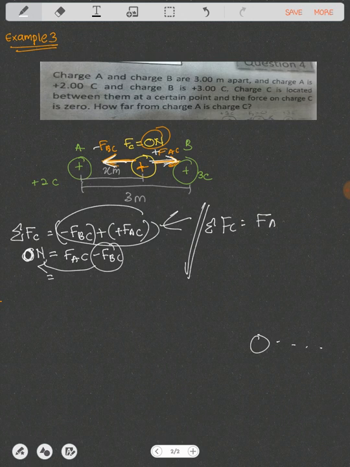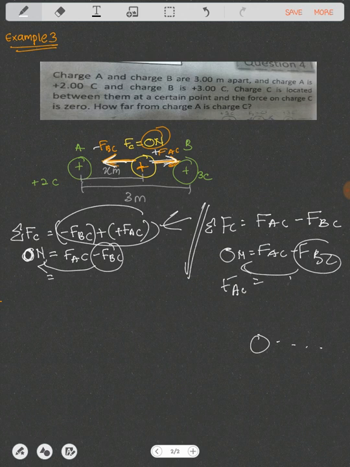Just terbalik je lah, FAC campur dengan negatif FBC. Ni adalah 0 Newton, FAC tolak FBC. End up bila ni pindah ke sini, dia akan jadi FAC bersama dengan FBC. Sebab itulah dia akan jadi 0. So ni sama je, FBC FAC sama je.